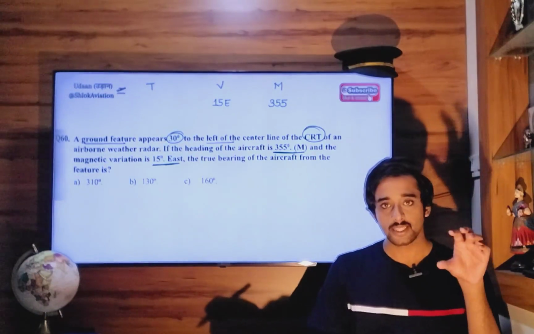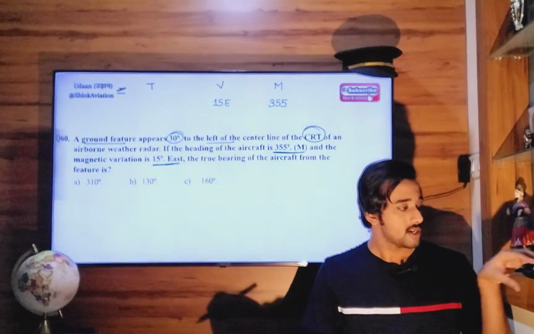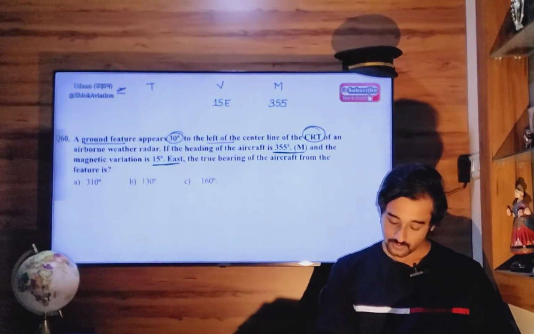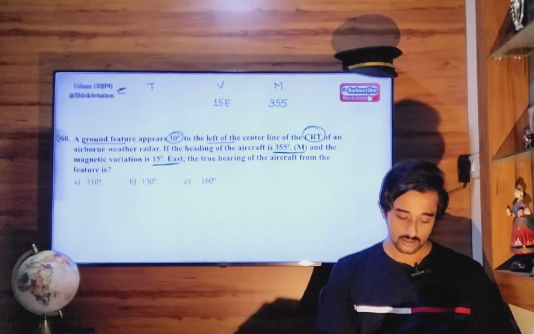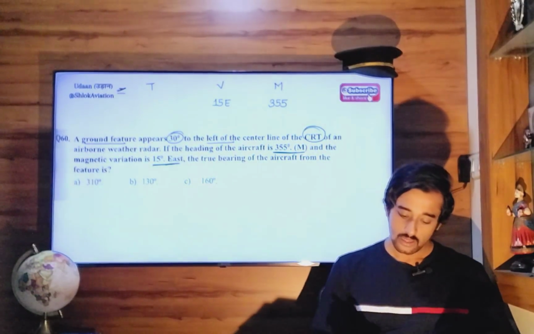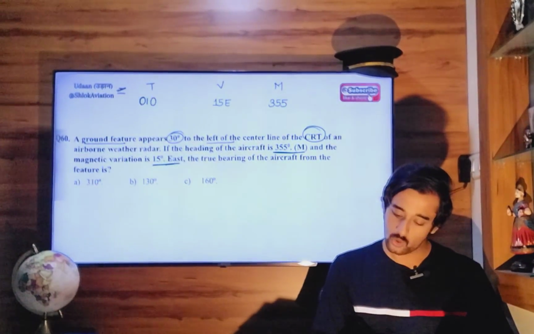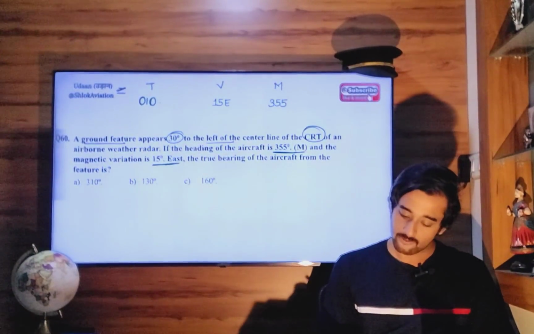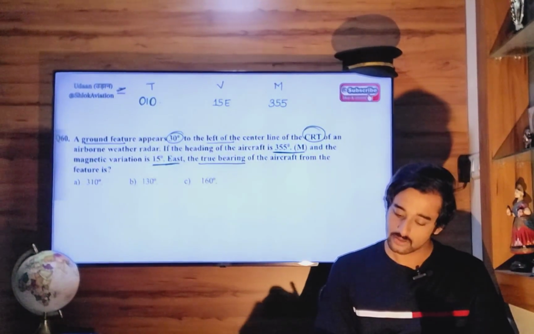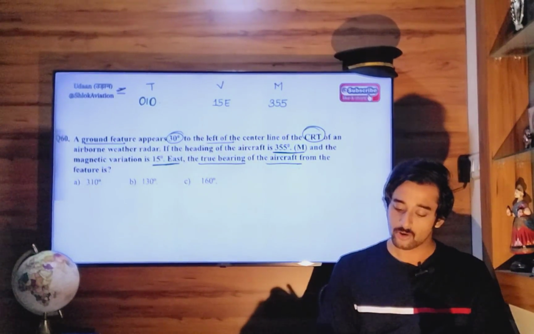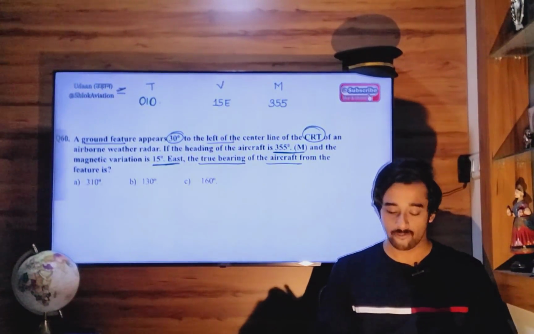Now when variation is east, magnetic is least. That means true direction will be more than magnetic. So true heading will be 010. The true bearing of aircraft from the feature. Okay, we have to find out true bearing of aircraft from the feature.